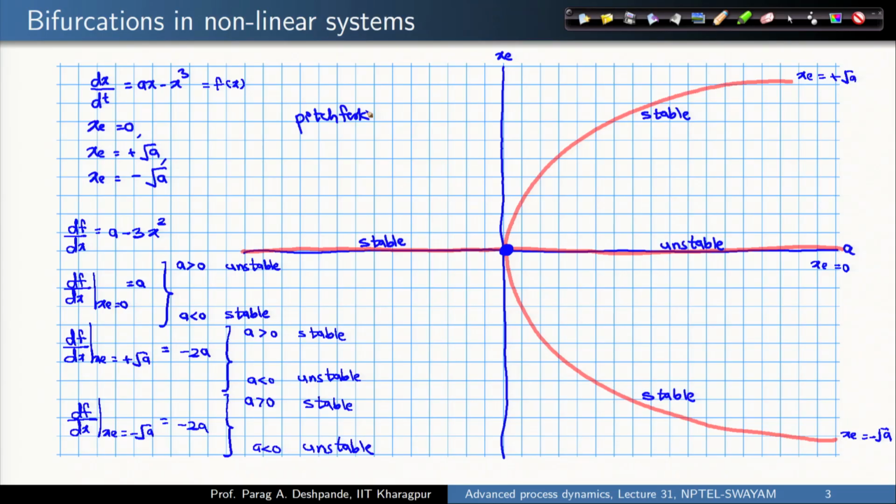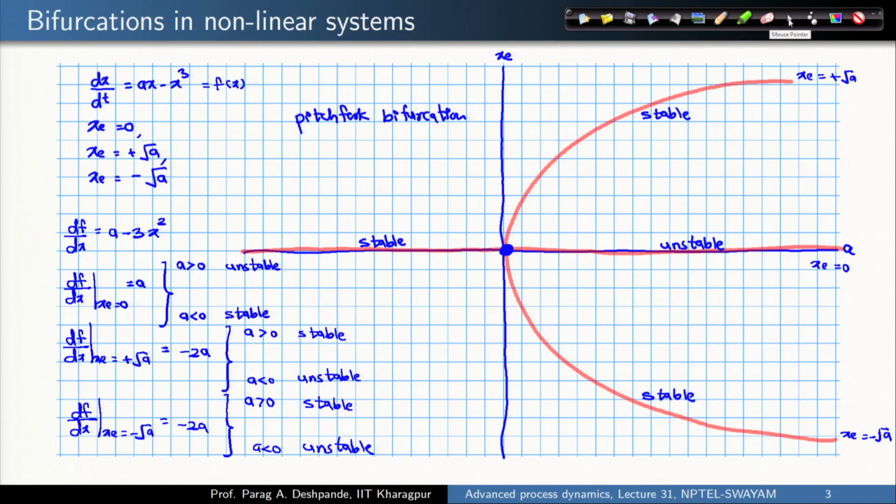And therefore, this bifurcation is called pitchfork bifurcation. This bifurcation is called a pitchfork bifurcation, and this again has very different characteristics as we saw in this particular case vis-a-vis all the other cases.